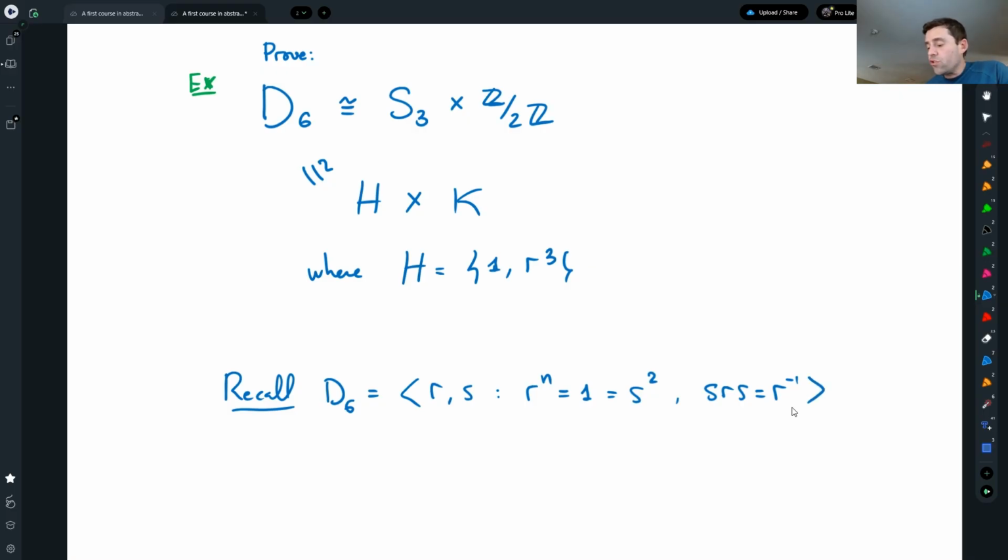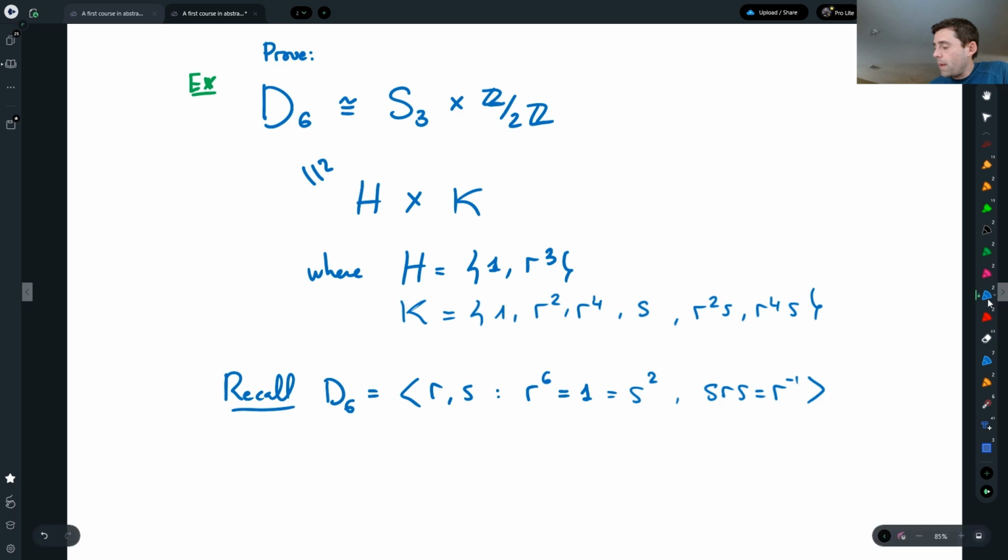So it turns out that 1 and r cubed, in this case n is 6, is a subgroup of order 2, and K given by the identity, r squared, r to the fourth, s, r squared s, and r to the 4 s is another subgroup of order 6 in this case, which is actually isomorphic to S3. So we're going to come back to this later and show that this is in fact true, that D6 is the internal direct product of the two.